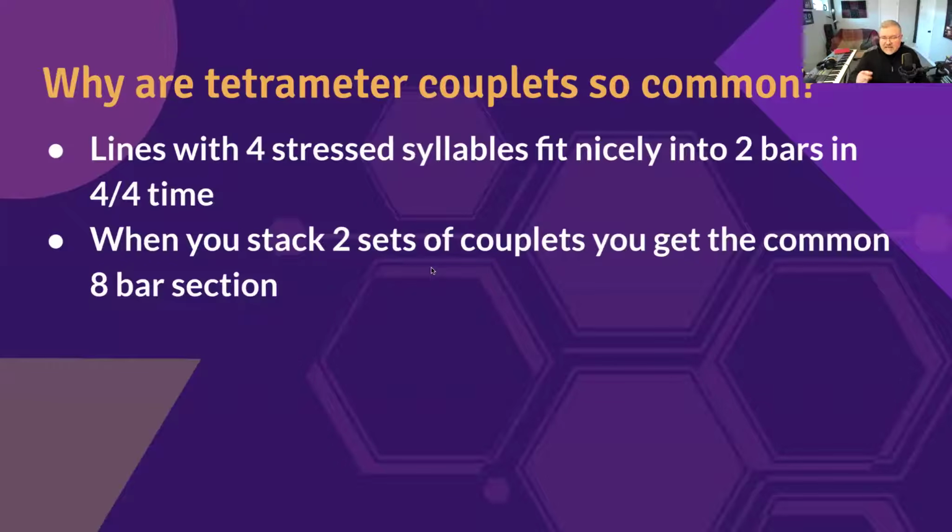When you stack 2 couplets, you have 4 lines, so you get an 8-bar section. And for some reason, in commercial music a lot of sections are 8 bars. The reason you see lyrics written this way is because they fit into these 8-bar sections.